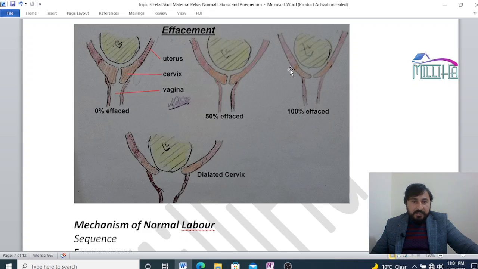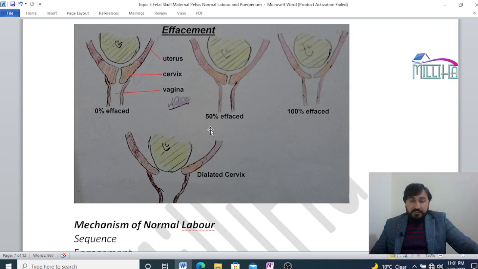Here it has become completely effaced and equal to the walls of the uterus, so it's 100% effaced, but it is not dilated. This is also not dilated. Here it is dilated. This is called dilated and effaced. So now you understand what effacement is.